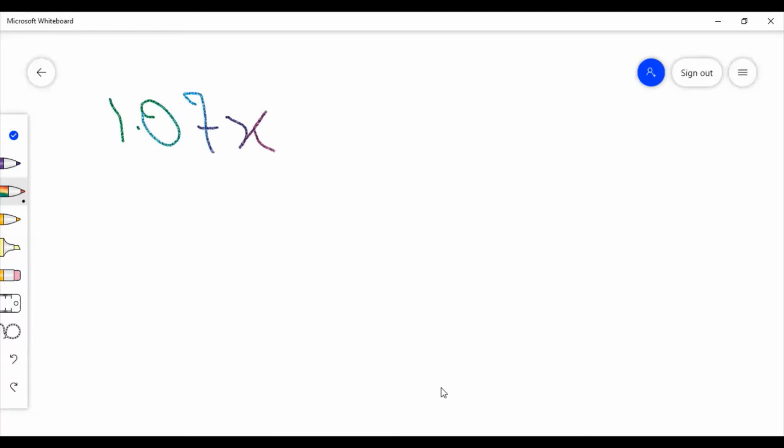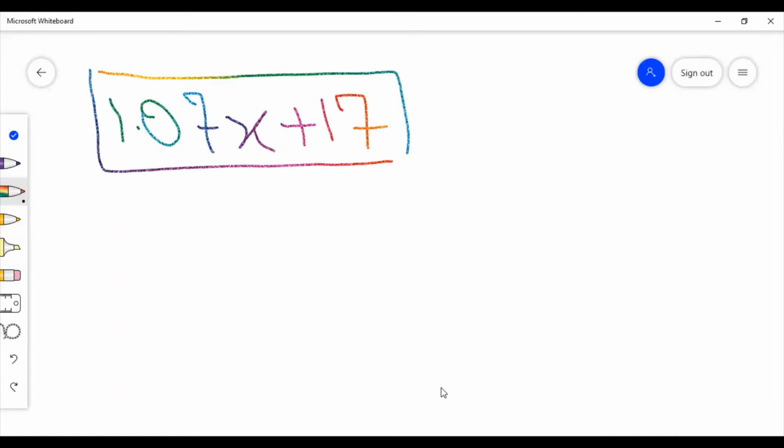You can also make the calculation if you have paper and pen, plus 17. So this is the expression that indicates, if you are purchasing the root beer, that this is a fixed amount per kg, and this is the amount of root beer.